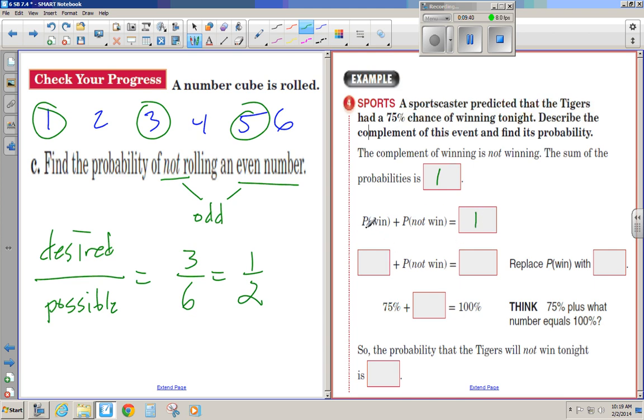The probability of winning is 75%, plus the probability of not winning should add up to 100%. What percentage do we need to make it 100? So the probability that the Tigers will not win tonight is 25%.